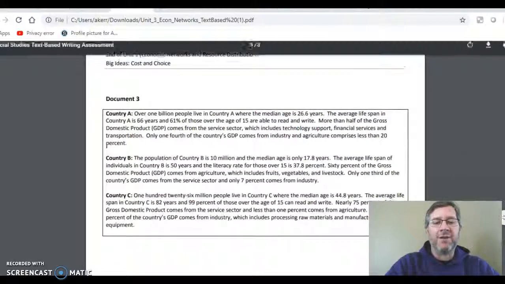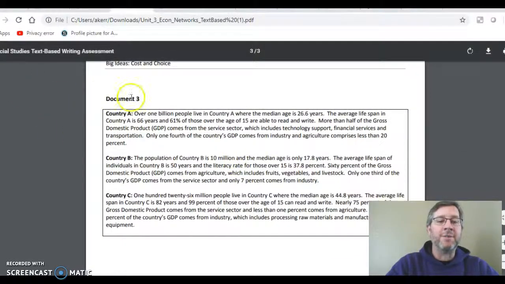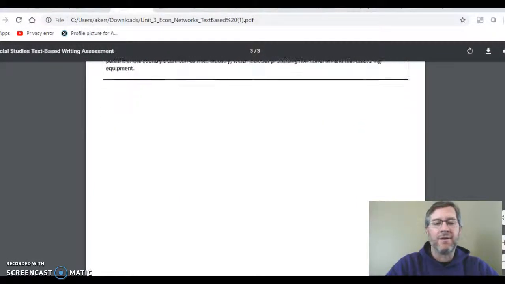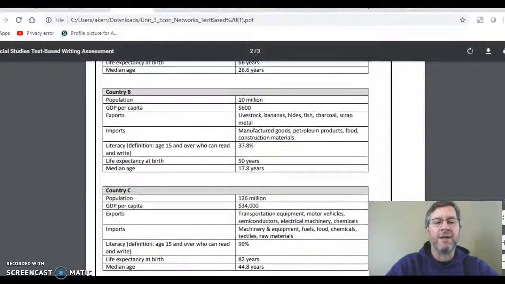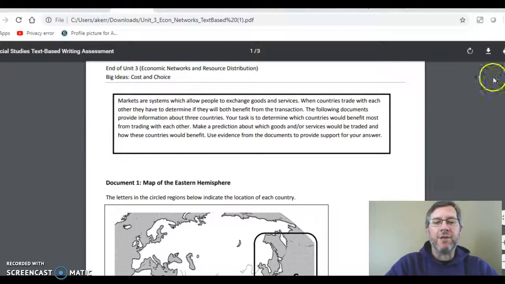Document 3 has more information on the 3 countries, so you have documents 1, 2, and 3. You are going to determine which countries would benefit most from trading with each other, make a prediction about which goods and or services would be traded and how these countries would benefit. Use evidence from the documents to support your answer.